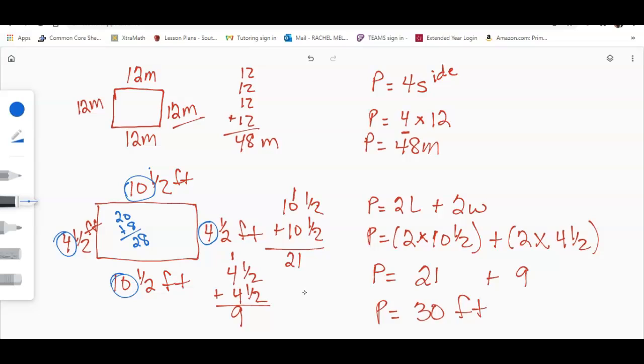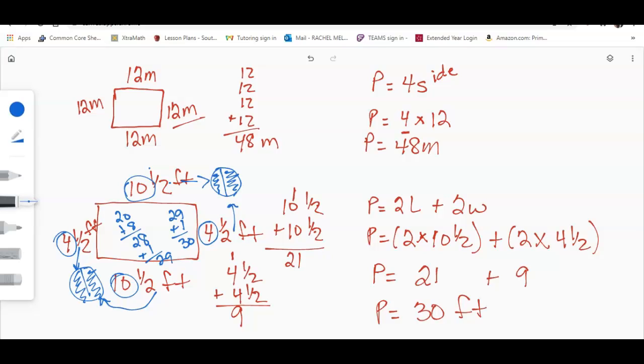Then, if I think of a half, this is half is right here, plus a half, that's 1 more whole, which is 29. And if I have a half plus another half, that's 1 more whole. So that gives me 30.